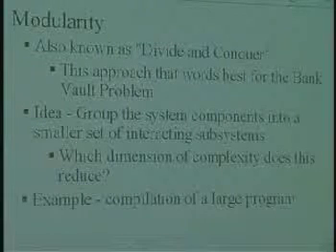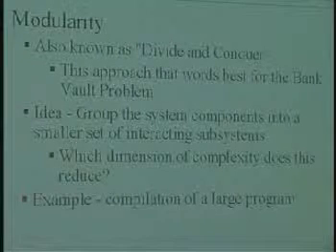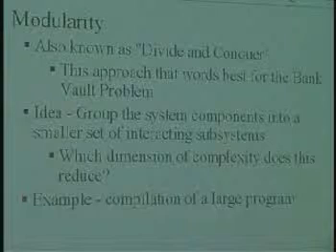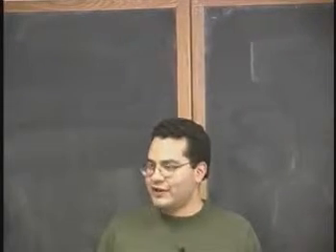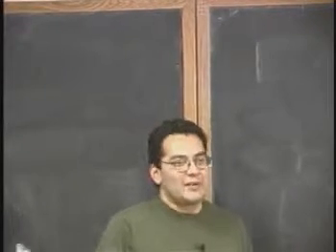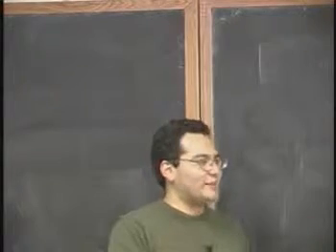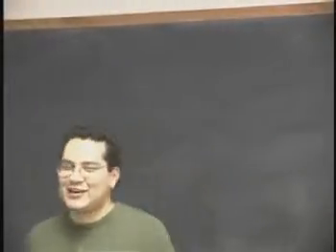Okay? And an example here is a compilation of a large program. And actually, let me write this out. Think about a large program like this one I started off talking about, 10 million lines of code. Imagine that there are going to be bugs in this code, and when people find a bug, you're going to have to recompile. Now, the wrong thing to do is to try to recompile all 10 million lines of code. But let's think about what the impact of all that is.